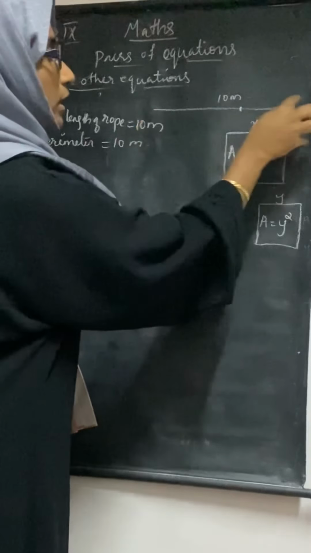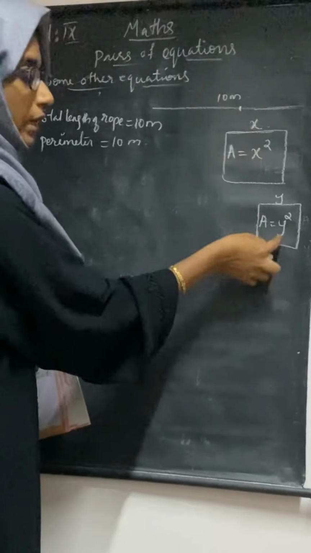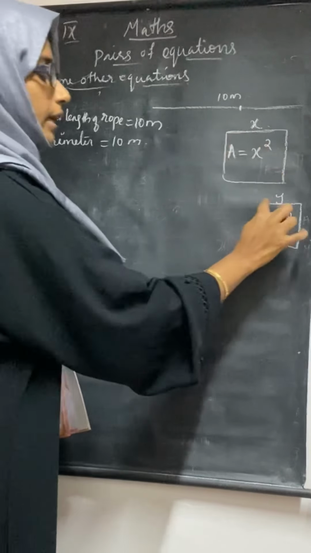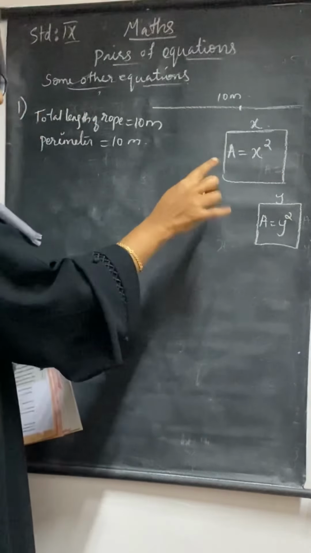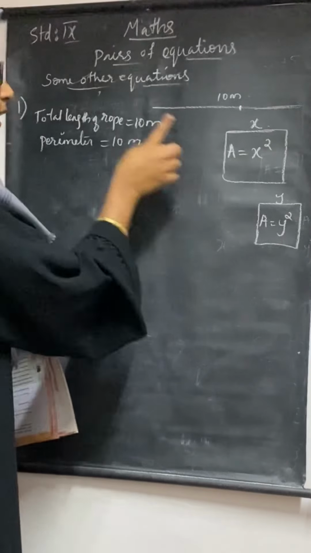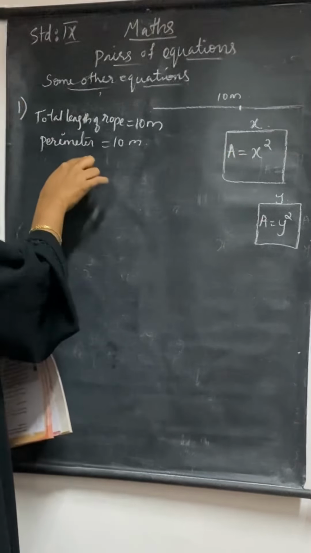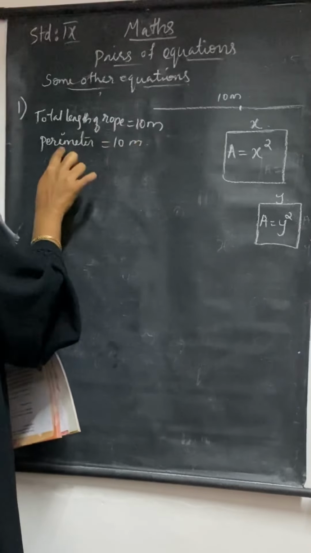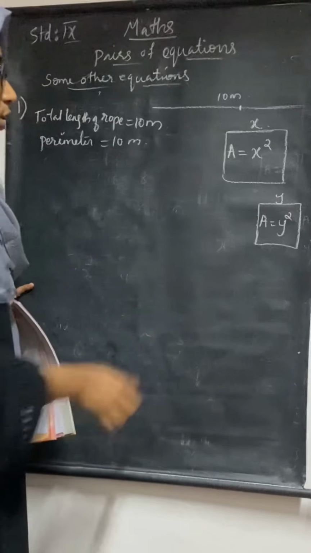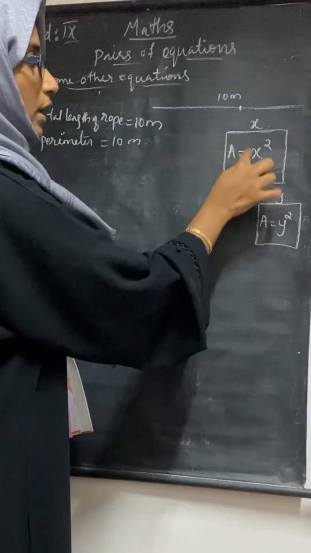Means from here to here, this you cut and made a square. So I can add this 4 sides here, and I can also add this 4 sides here, so that the total is the length of the rope. So I can say the perimeter of both the squares also. I can say the length of the rope is nothing but the perimeter also, 10 meter. So that I can write from this also. Perimeter of the large square is what?